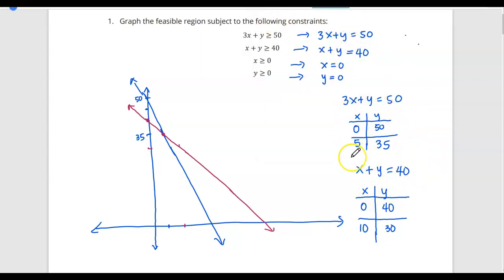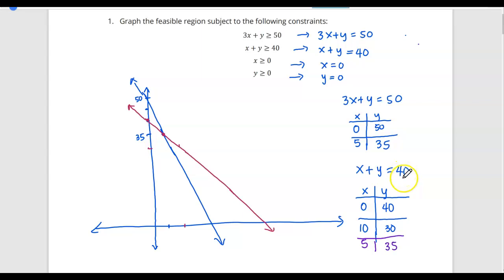You can solve that by solving the system of linear equations, or you can suspect that the point (5, 35) is an intersection point. You can do that by evaluating x equal to 5 and then solving for y. So if x is equal to 5, our y is equal to 35.